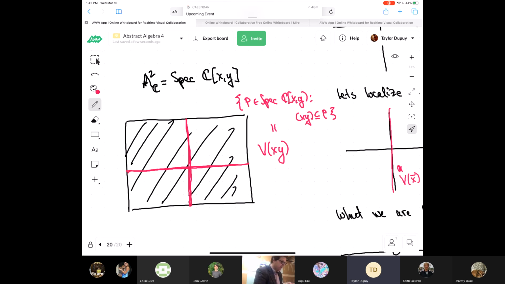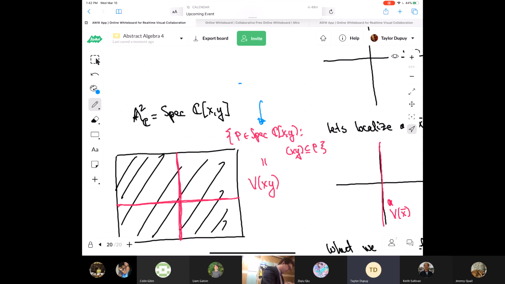Whenever you reduce something mod P, you should think of that as evaluation. This is one way to view this thing, as a closed subset sitting inside A^2.